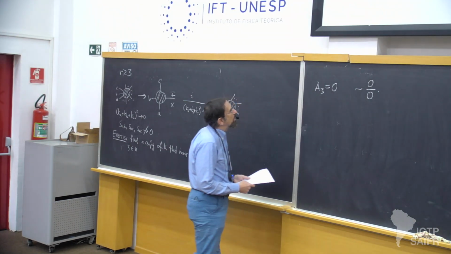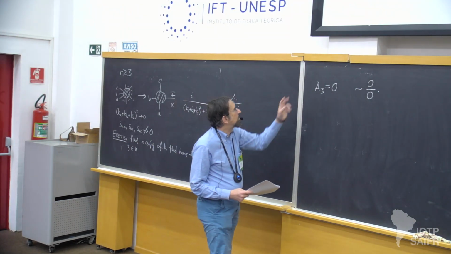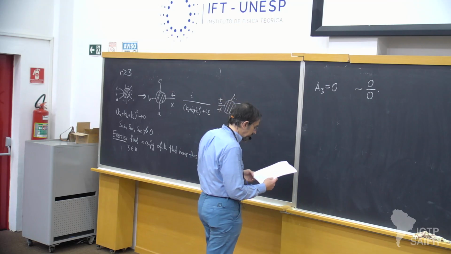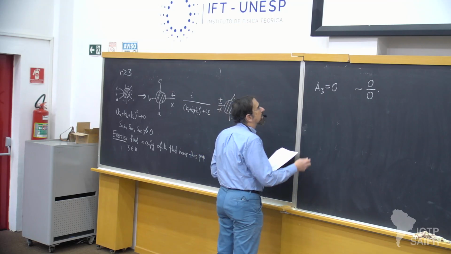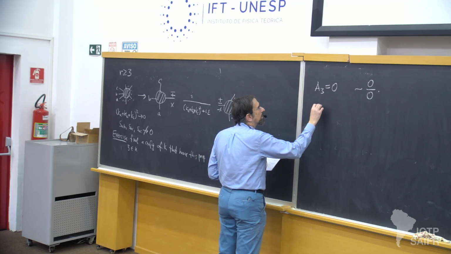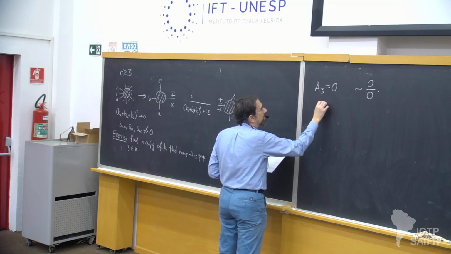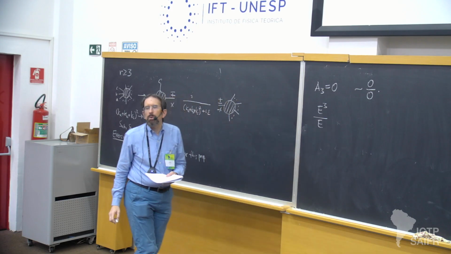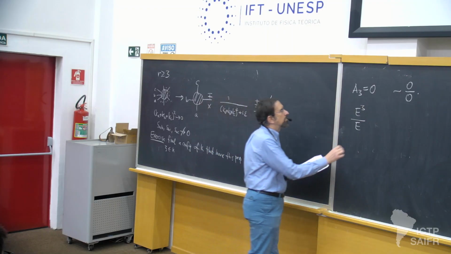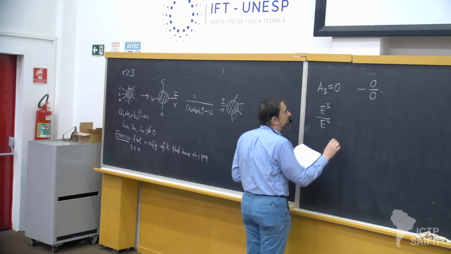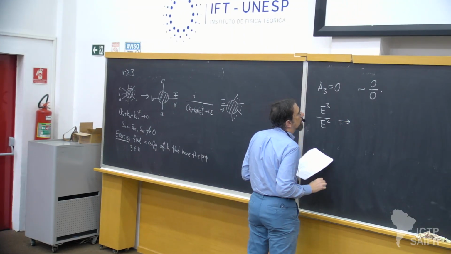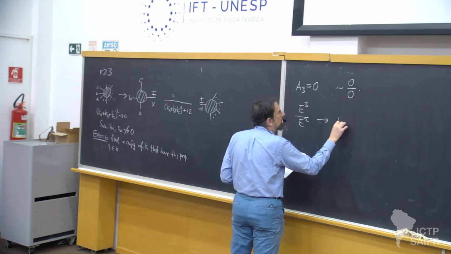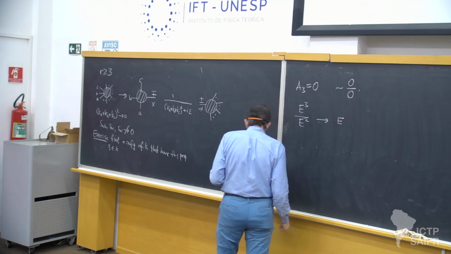Now, we already know how to get something sensible out of this. If we look at our earlier formula and just count again the powers of energy: we had energy cubed in the numerator, each spinor product goes as a power of the energy, and energy squared in the denominator. So we're getting something which is going to 0 linearly in the energy.